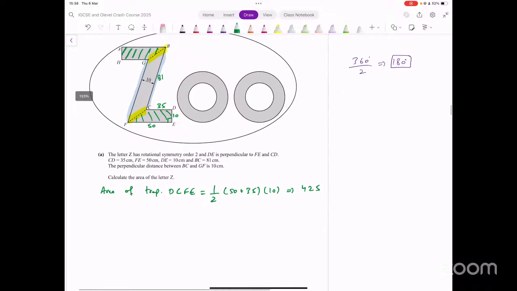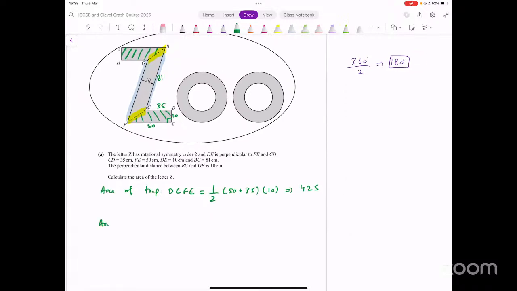So we can find the area of this parallelogram BCFG, that's the parallelogram we're talking about. That's base into height. Base is 81, height is 10, and that gives you 810. That's the area of this parallelogram.